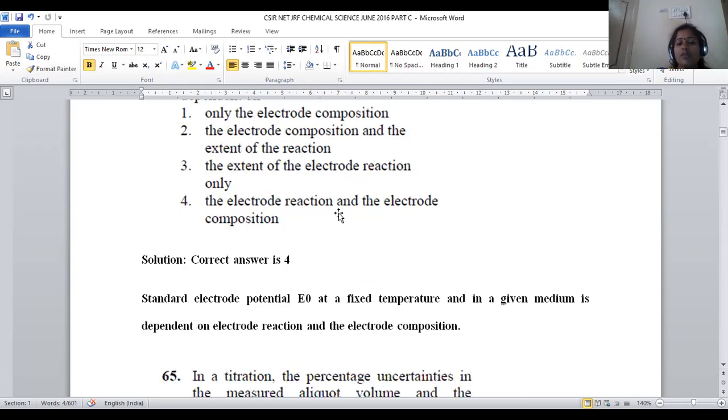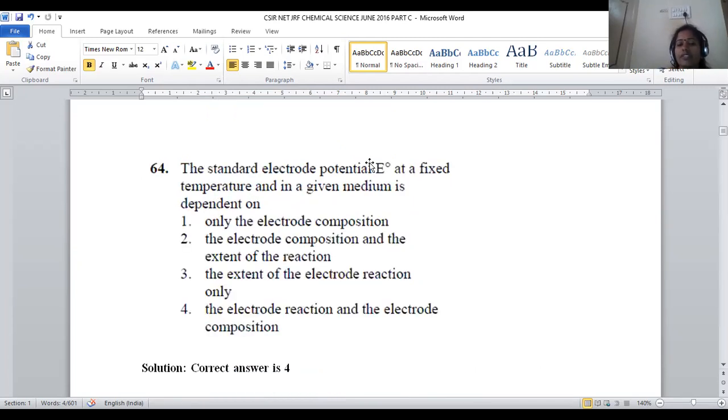The standard electrode potential mainly depends upon the electrode reaction, whether it participated in reduction or oxidation. That electrode reaction will influence this electrode potential value. If it is oxidation, that corresponds to oxidation potential. If it is seeking electrons, that corresponds to reduction potential. So the electrode reaction is essential to the standard electrode potential value.